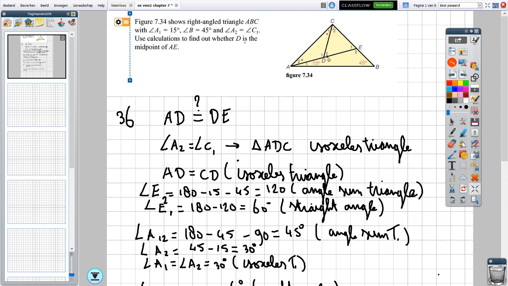And I try to find that by searching whether this is an equilateral triangle or not. When I find out all those angles are 60 degrees, I can say this must be an equilateral triangle. So ED must equal CD. And because of this isosceles triangle right here, I know that CD equals AD, so AD must also equal DE.